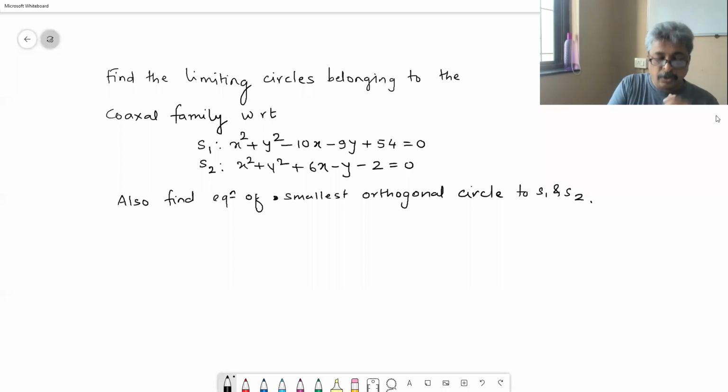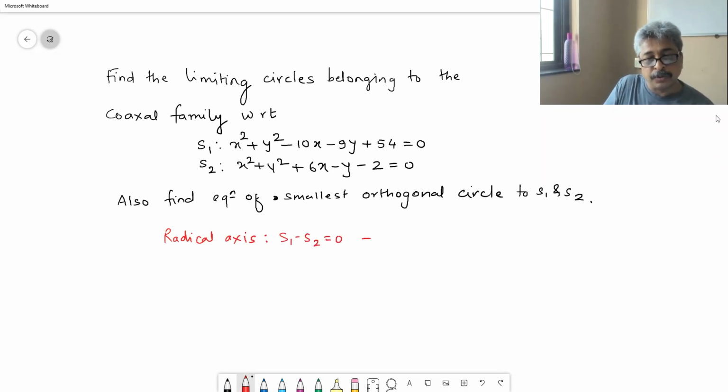You have been given two circles S1 and S2. Therefore, you should be able to find out the radical axis. The radical axis is S1 minus S2 is equal to 0. Orally also you can do that.